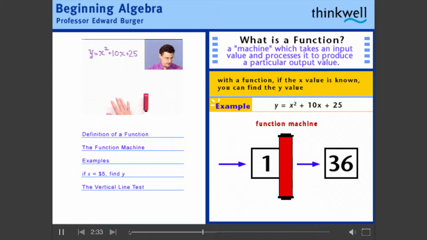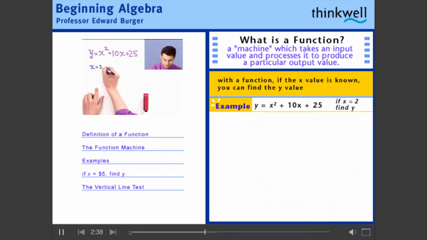Let's try another example. What if I were to put in x equals 2? What would I see? Well, y would equal 2 squared plus 10 times 2 plus 25. Well, that would be 4 plus 20 plus 25, and that would equal, let's see, 49.